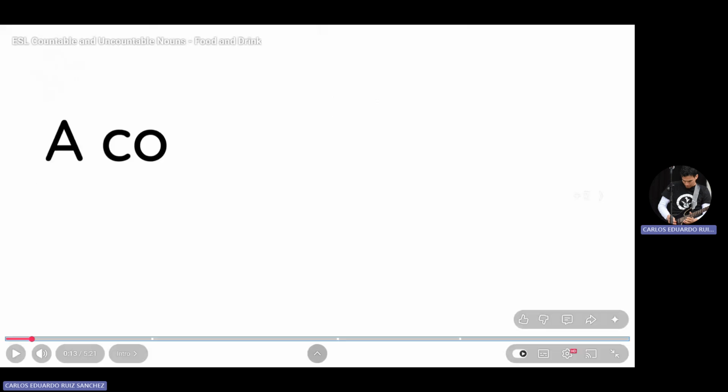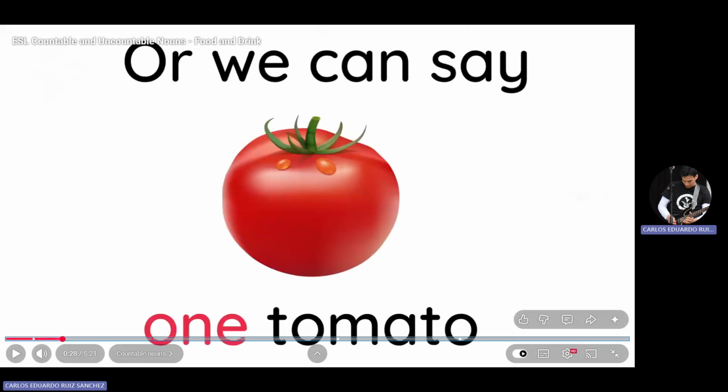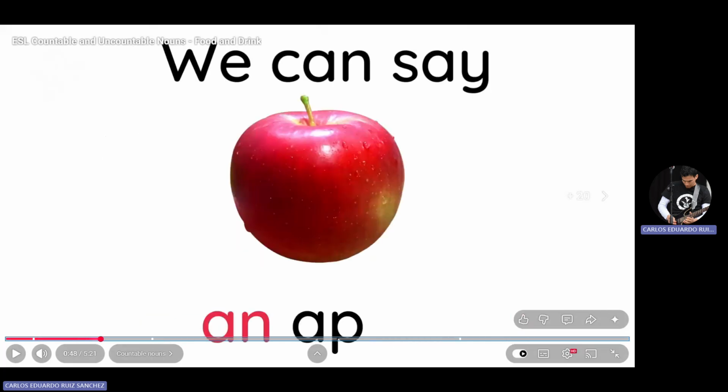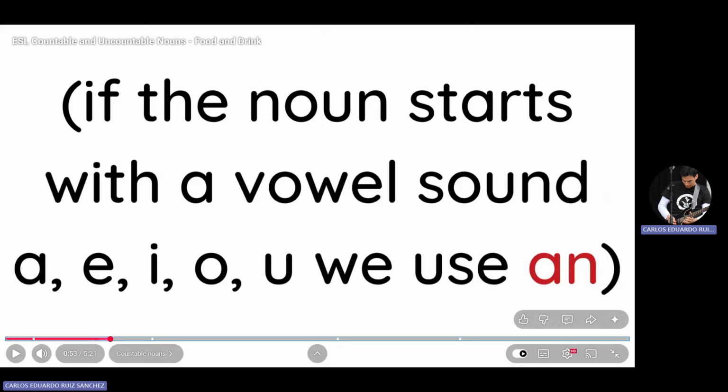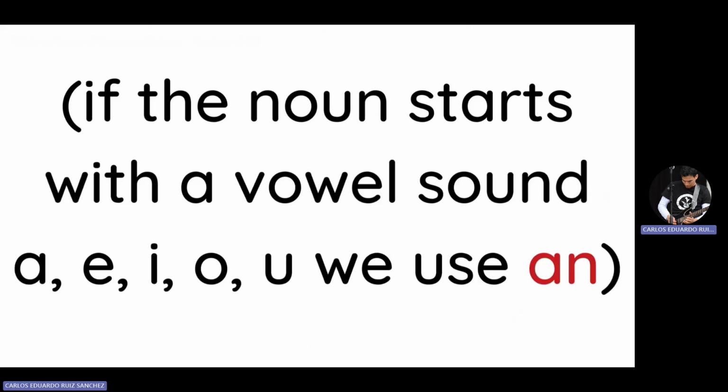So let's continue with another concept. The video asked, why do we use an? This is another concept that is necessary to recognize. When you use a noun that starts with a vowel, the vowels are A, E, I, O, U, we use an. Now, let me explain it in Spanish for your knowledge.